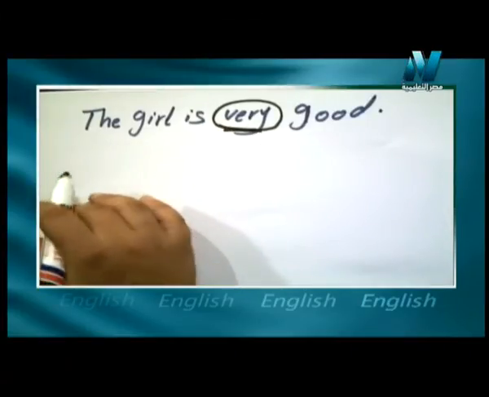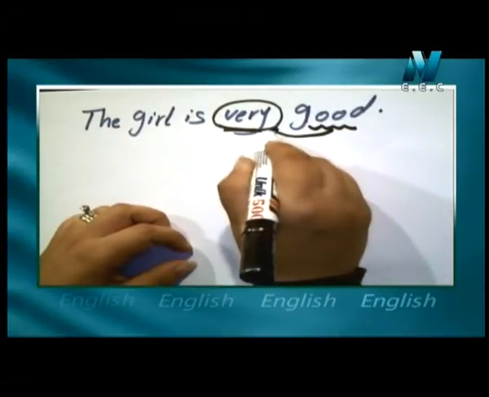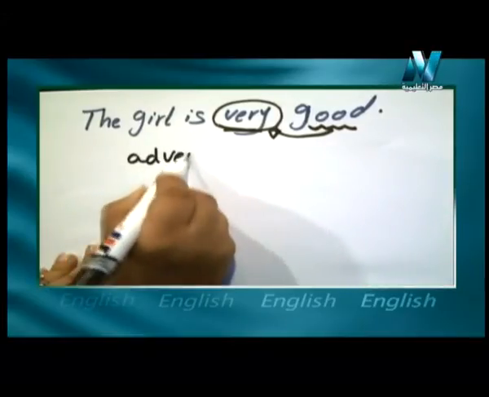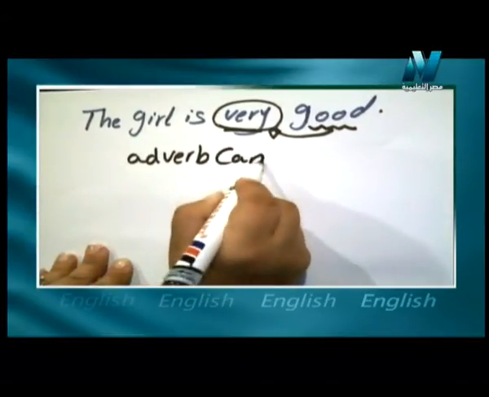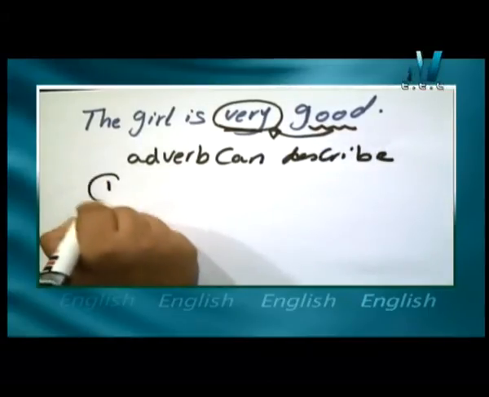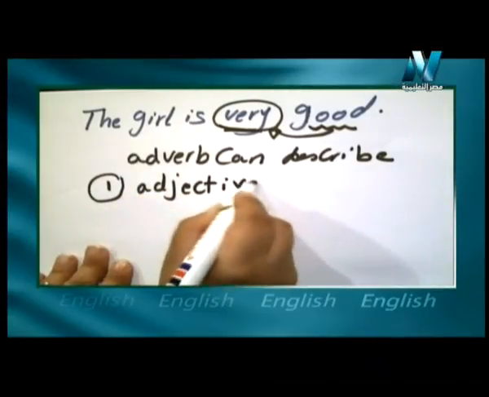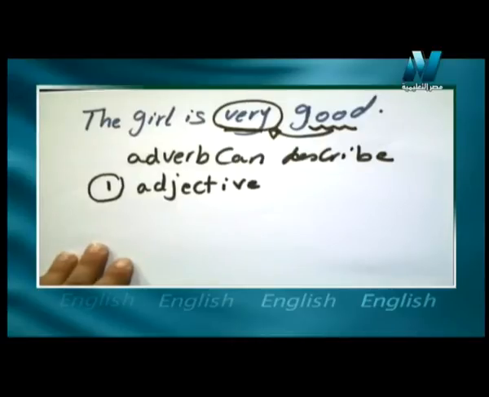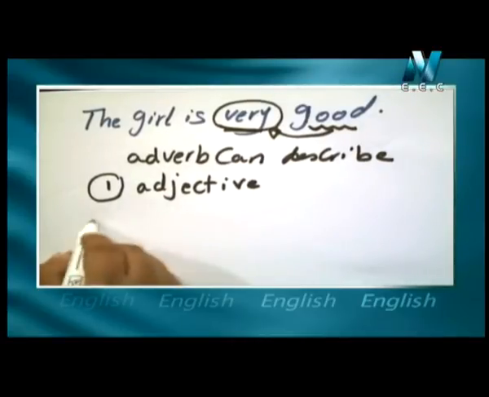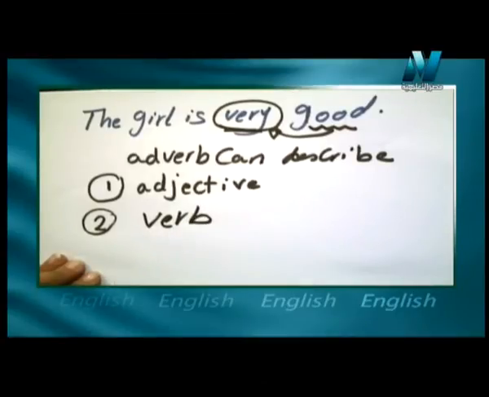The adverb here describes this adjective which is good. So the adverb can describe an adjective, as we said, the girl is very good. Or it can describe a verb. How? Like we have said, the dog is running quickly.